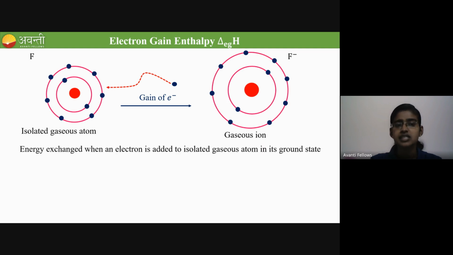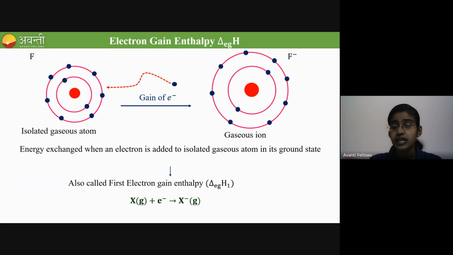The energy exchanged when an electron is added to an isolated gaseous atom in its ground state is called electron gain enthalpy. Here the first electron is gained by this fluorine atom, so it is called first electron gain enthalpy. A neutral atom is getting converted into a gaseous anion. Okay, this is the thing.